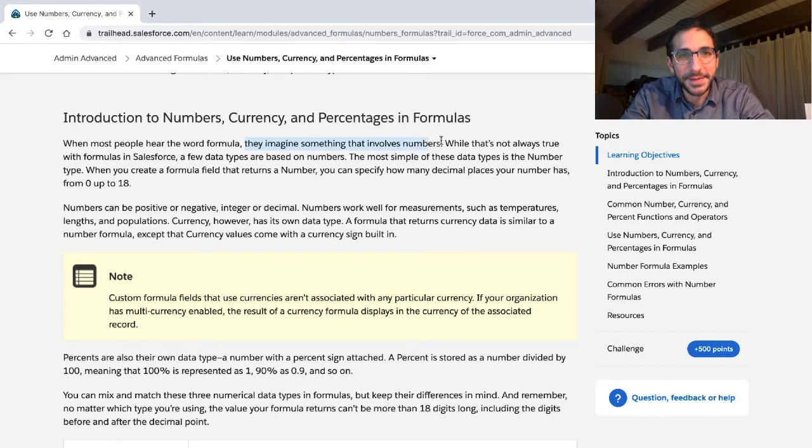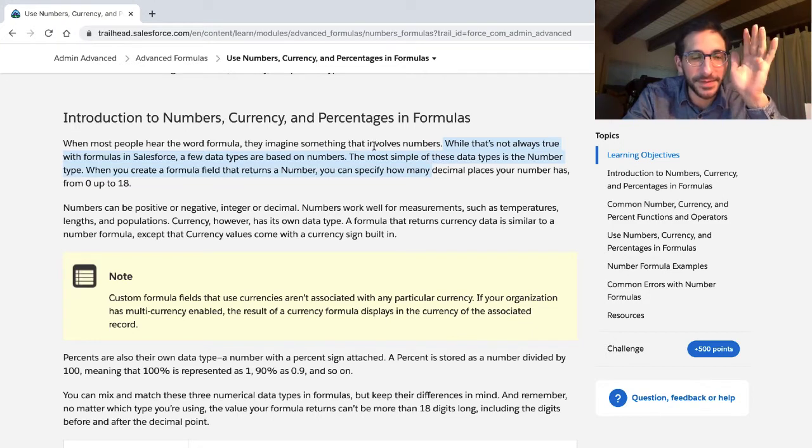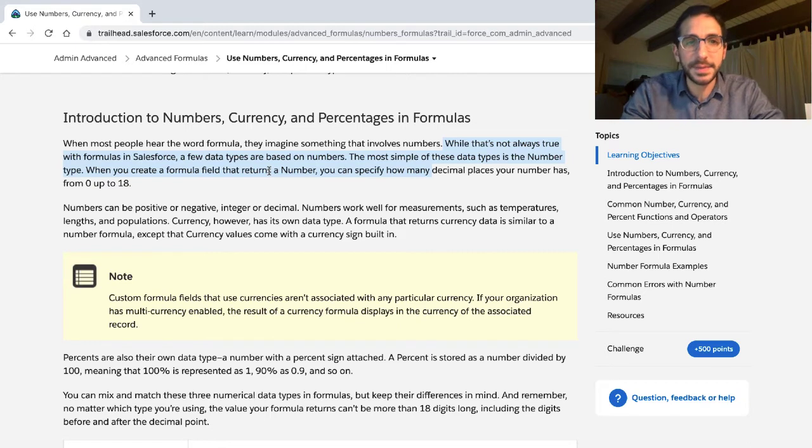Okay. Well, that's not always true with formulas in Salesforce. A few data types are based on numbers. The most simple of these types is the number type. When you create a formula field that returns a number, you can specify how many decimal places your number has, from 0 up to 18.